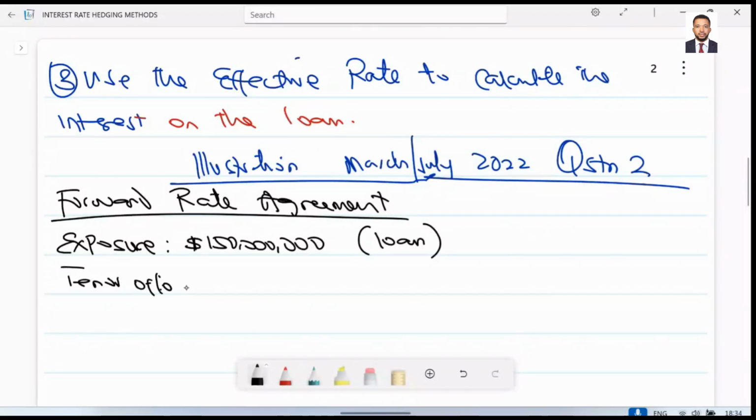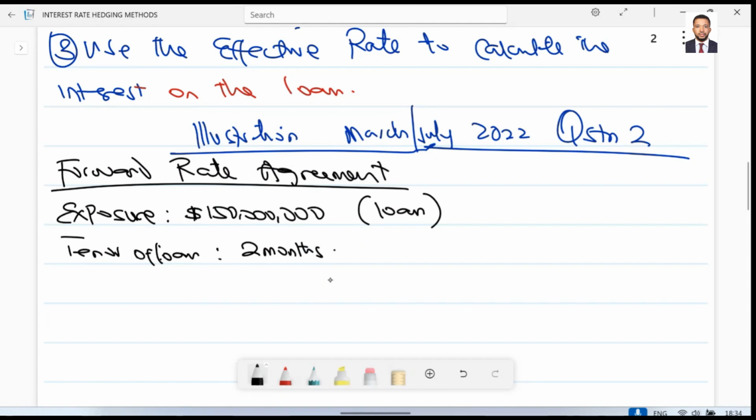Tenor of loan. How many months? 2 months. No, they will definitely tell you the tenor. If they don't give you the tenor, they will tell you the loan is meant to be paid in 3 months. So they will definitely tell you. Tenor of the loan, 2 months.